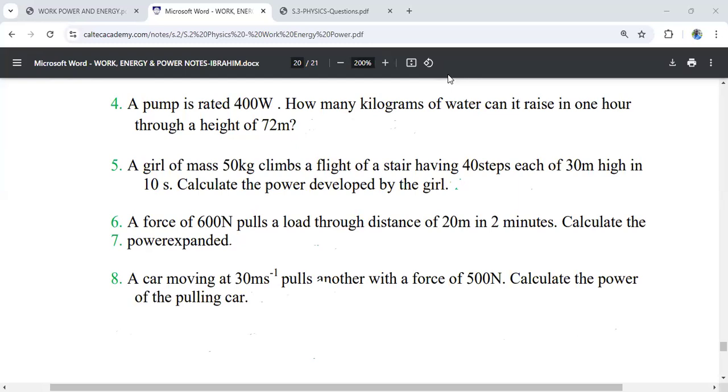I will send your answers in the group such that I can mark them.